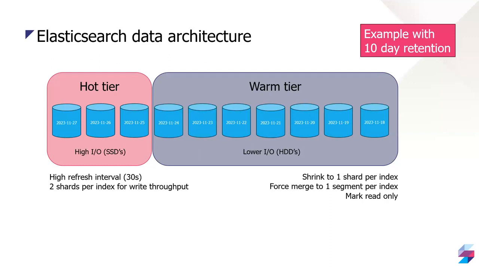I've drawn them as databases, just so it's a database, right? But it's not a database. Every single one of these is an index in Elasticsearch. Every single index has a name, which is basically the date of the data it stores.